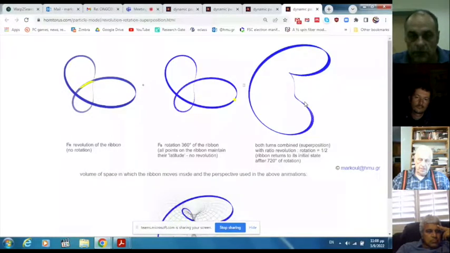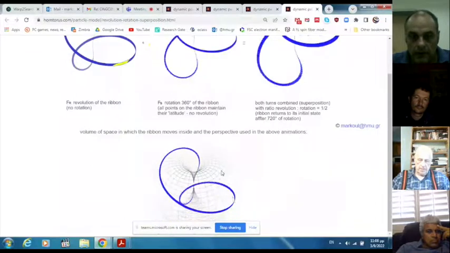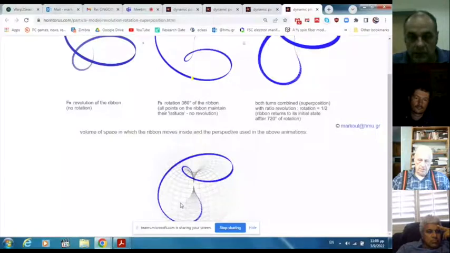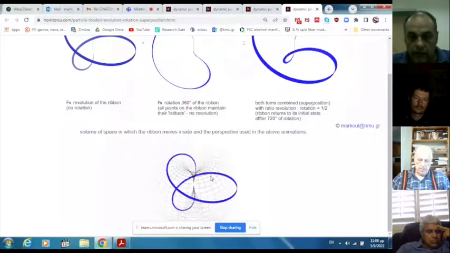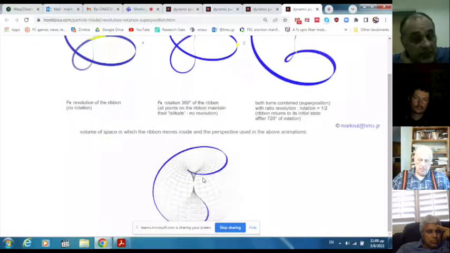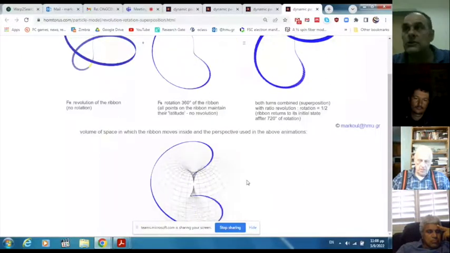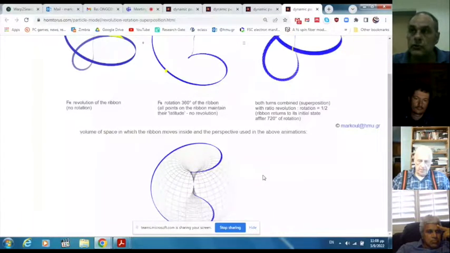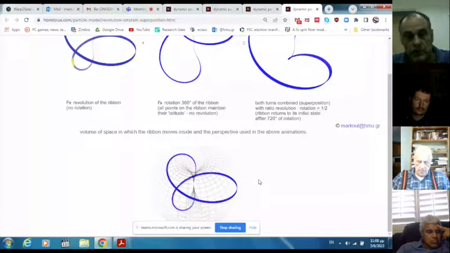And this is the final product. You see, this is the volume of the manifold, and you have the photon spinning and revolving very fast, and because this is done with relativistic speeds, it creates the whole charge. This is the charge of the electron. It's 8.66 the reduced Planck constant in all x, y, z coordinates.